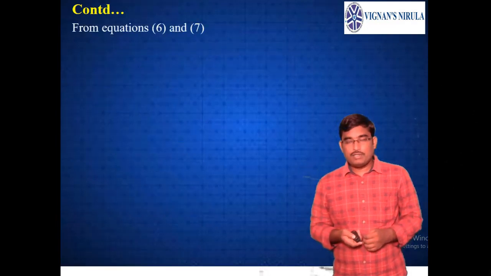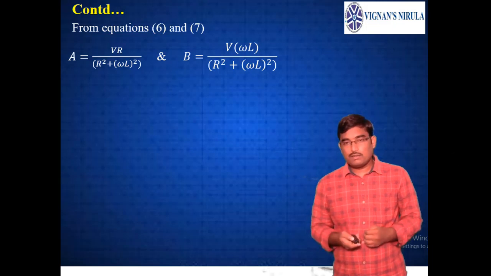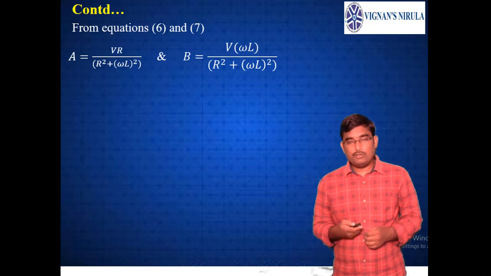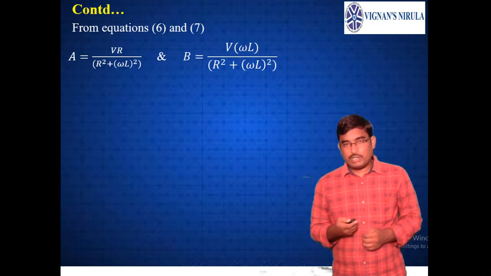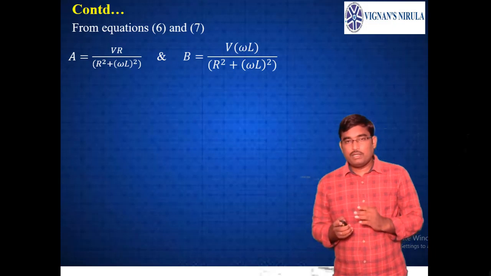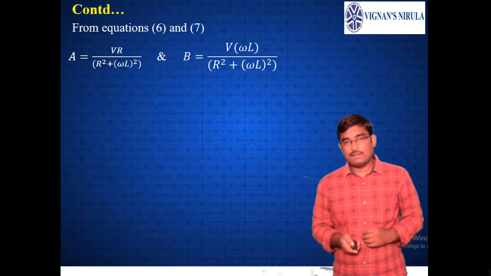Now from equations 6 and 7, after simplification for A and B, we got A as V into R by (R square plus (omega L) whole square) and B as V into omega L by (R square plus (omega L) whole square). So separating the terms A and B and writing the expressions for A and B in terms of V, R, omega L, we got these equations for A and B from equations 6 and 7.